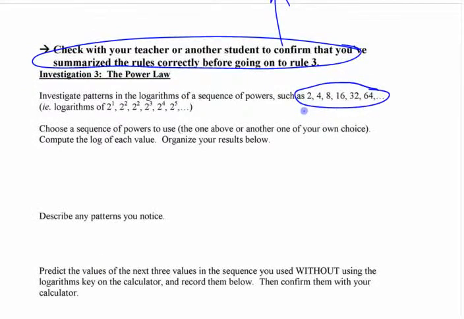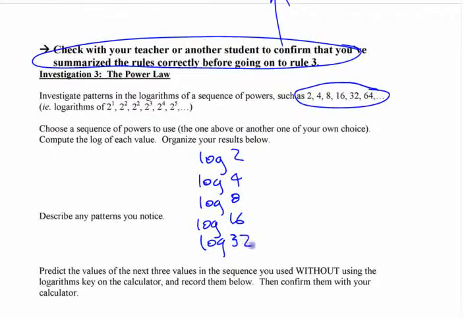So what we're looking at is how are the logarithms of powers related to each other? You can do logarithm of 2, log of 4, log of 8, which is 2 to the 3rd, log of 2 to the 4th, log of 2 to the 5th, and so on, right? And you figure out what those numbers are.